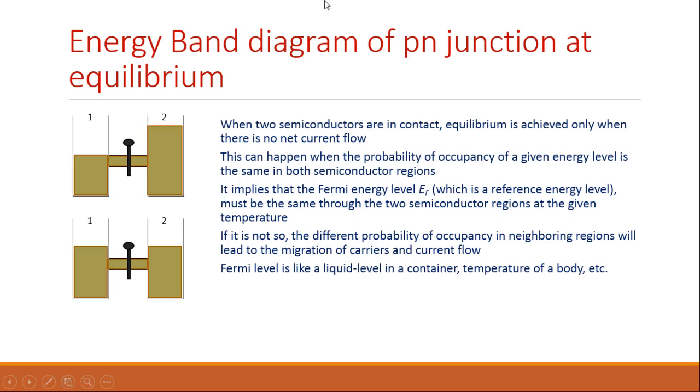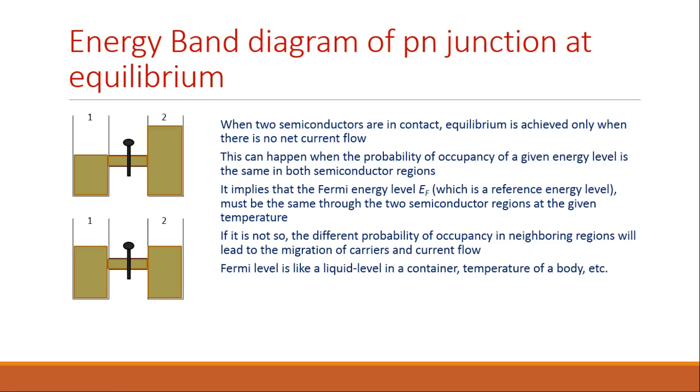Let us consider two containers 1 and 2 which are interconnected through a valve. Initially, the valve is closed and the containers are filled with water to different levels. You can see container 1 is at lower level of water, container 2 is at higher level of water. When the valve is opened, water flows from container 2 into container 1.